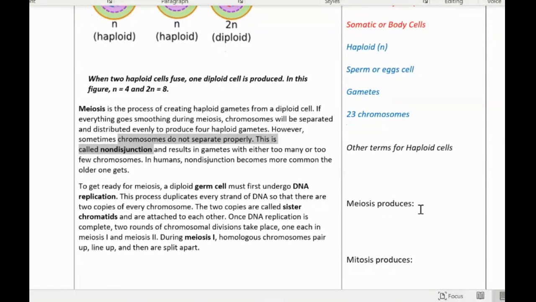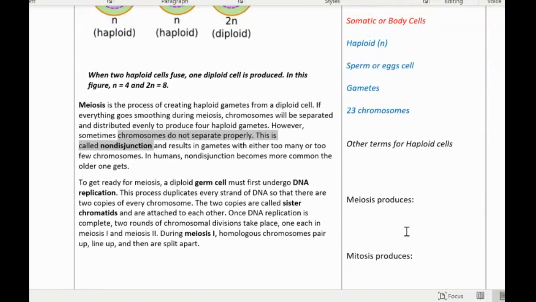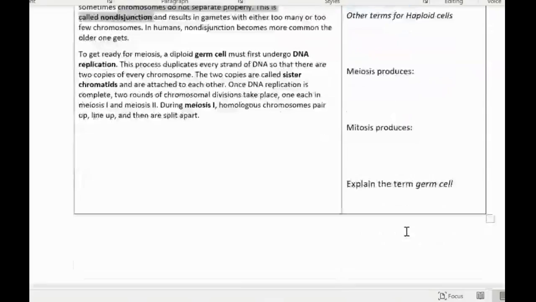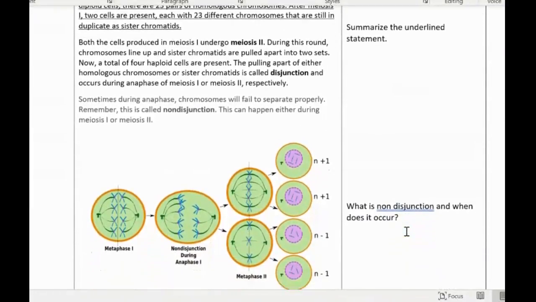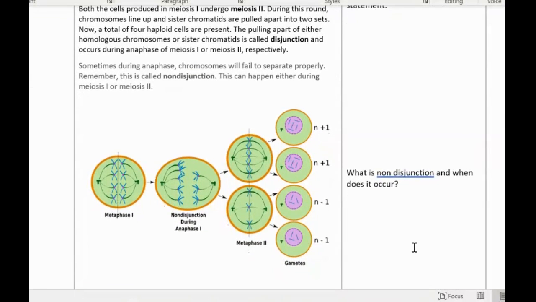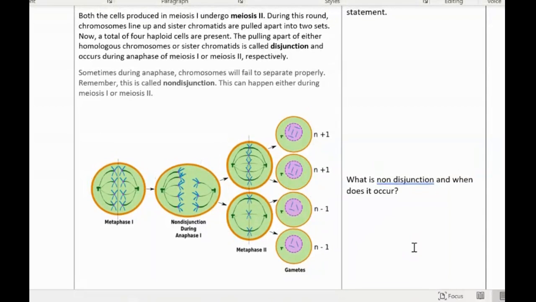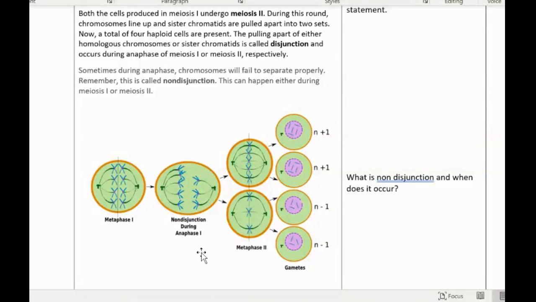How does that affect the gametes? Well, a diploid germ cell undergoes DNA replication, and it goes through several processes: meiosis 1 and meiosis 2. If we scroll to the next page, we can see an example. It looks like regular meiosis, but non-disjunction can occur here, during anaphase 1, when those chromosomes move away.